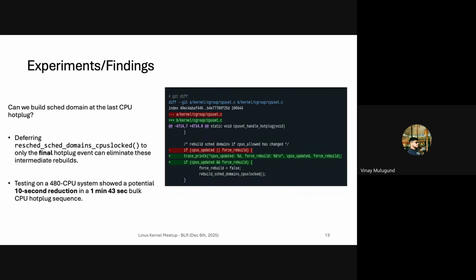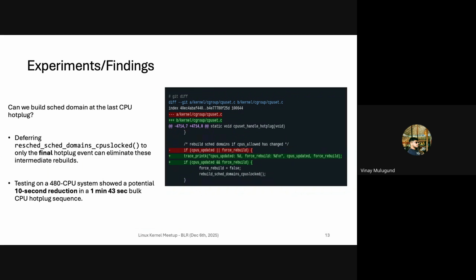So this slide is also a kind of hack that we were thinking about. Can we find other operations that run as part of CPU hotplug, but whose outcomes or artifacts are destroyed and rebuilt again when doing multiple CPU hotplugs? One such thing that we knew was the sched domain, and we wanted to see how much time we could save if we had an interface that allowed us to run bulk CPU hotplug operations and also move certain operations to the end of the bulk CPU hotplug.